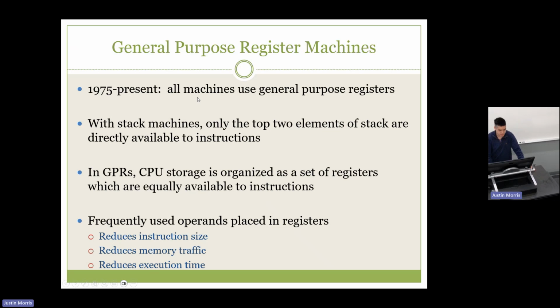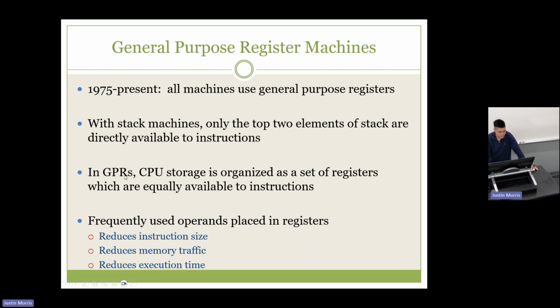So general purpose register machines have been around for quite a long time. This is just the summary. With stack machines, only the top two elements of the stack are directly available to instructions, so you have a lot of instructions that are just moving data around to make sure you're doing the right operation.